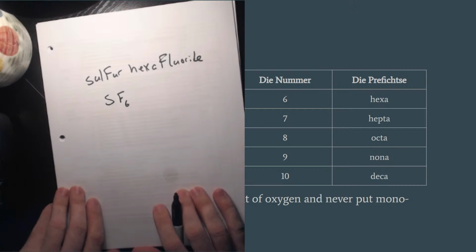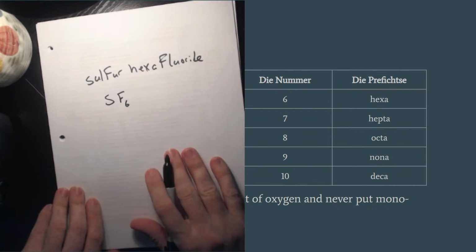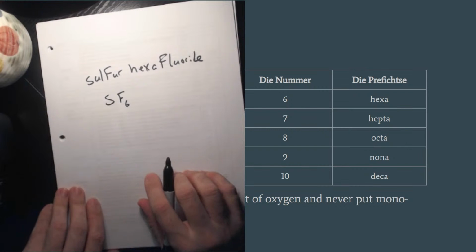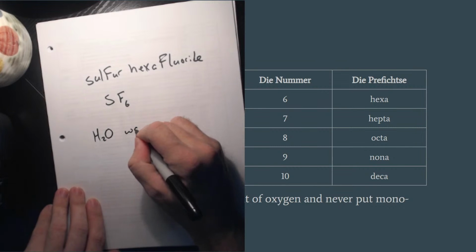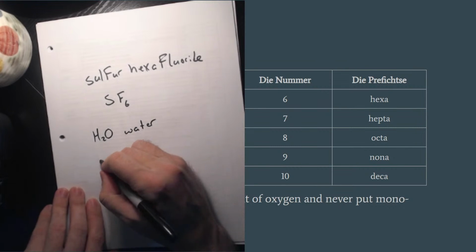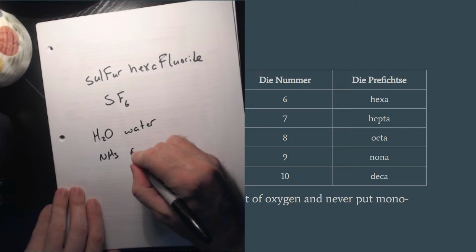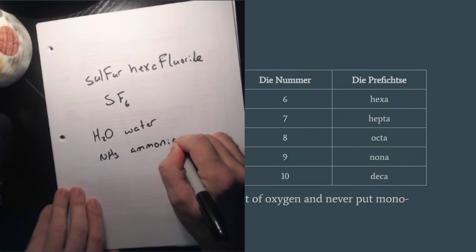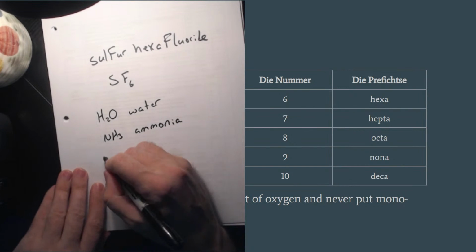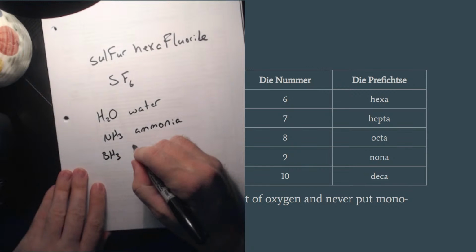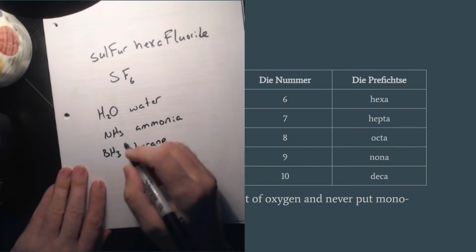One last note. Hydrogen-containing compounds often have their own special name. So, for example, H2O, that's just water. NH3 is ammonia. It's very closely related to the polyatomic ion ammonium, which is NH4+. Then we have, say, BH3, which is borane.